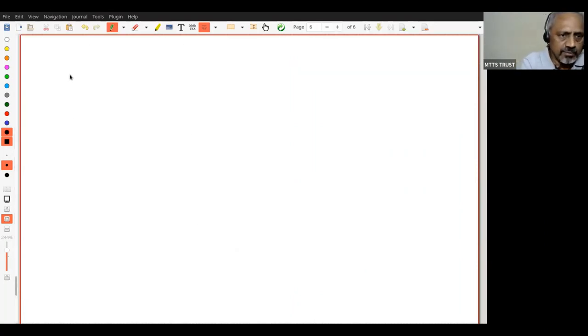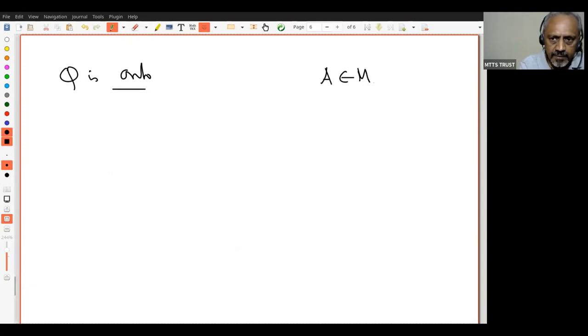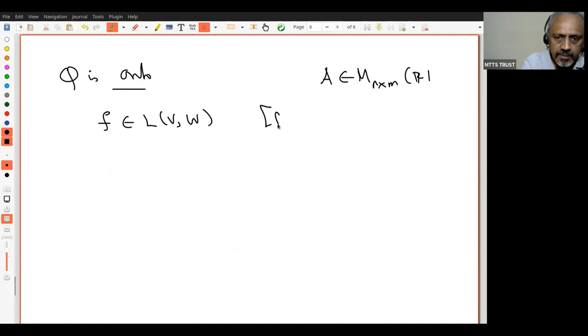And the last one, phi is onto. That is easy. Suppose I have a matrix A. I want to define f in L of V, W so that the matrix of f equals A. I have to find such an f.